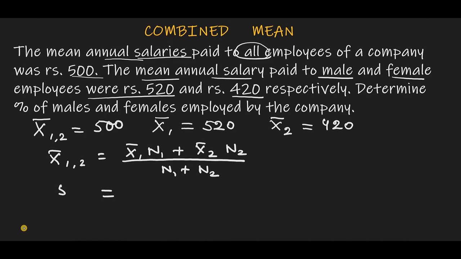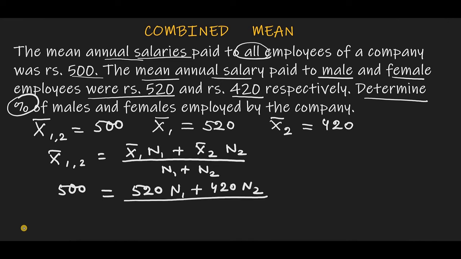Combined mean is 500, so we write 500 here. Mean 1 is 520 and n1 is unknown. The question is to determine the percentage of males and females employed by the company. So n1 is unknown, plus mean 2, which is 420, multiplied by n2, which is again unknown, divided by n1 plus n2.